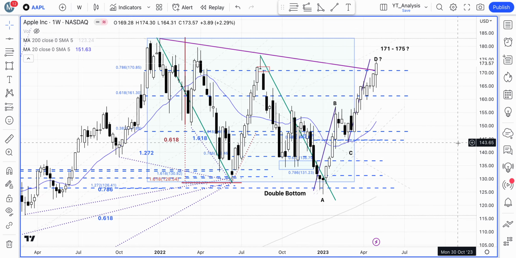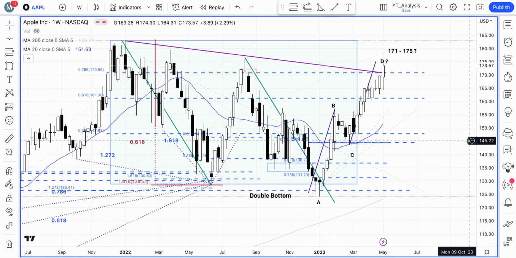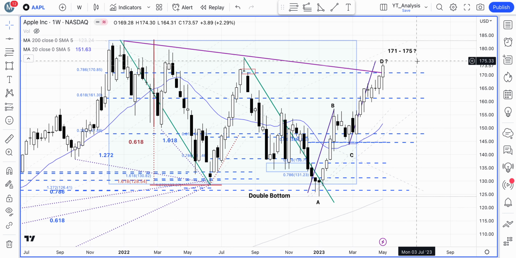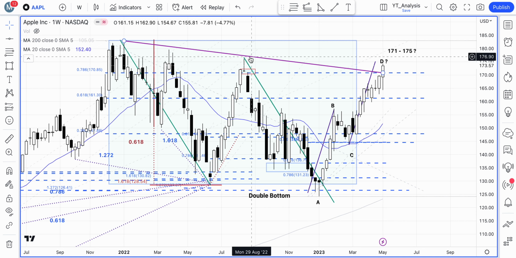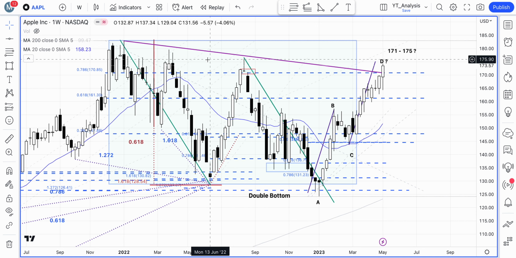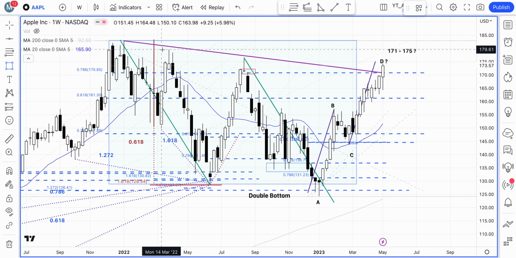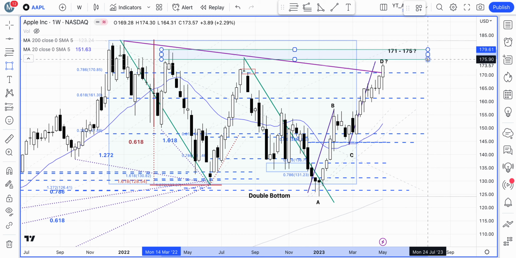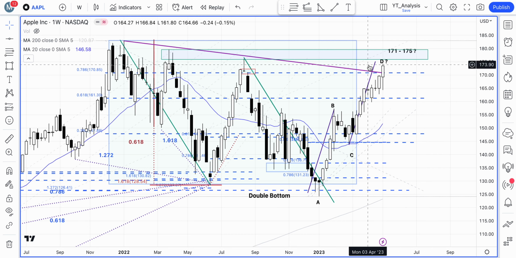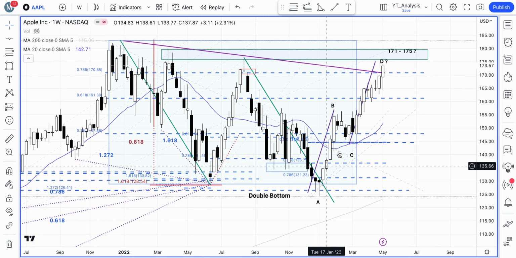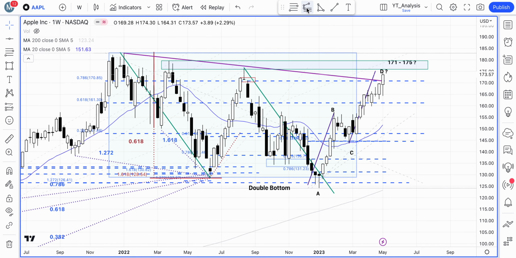And for the weekly level, look at guys, we are approaching very close to this point D, around $175 per share level. And looking on the left hand side, there is possibly some structural resistance coming in from roughly about this zone. But Apple momentum is pretty strong, right? And this D point was a target. But if the momentum is pretty strong, then in fact this D target could extend, and it could extend by 1.618.